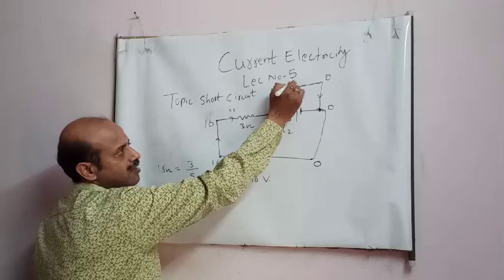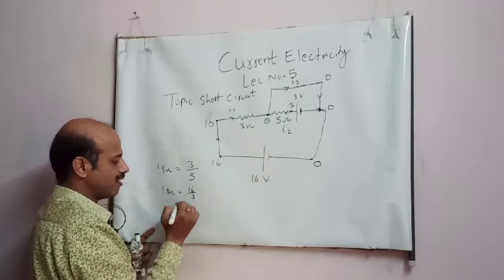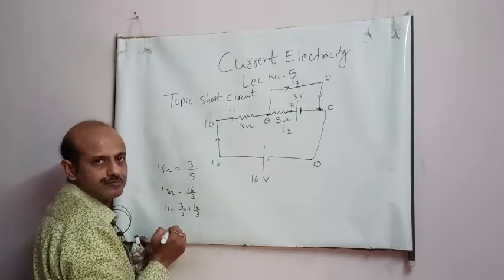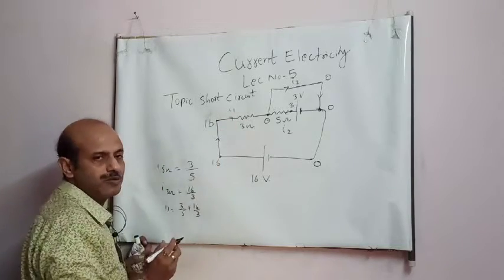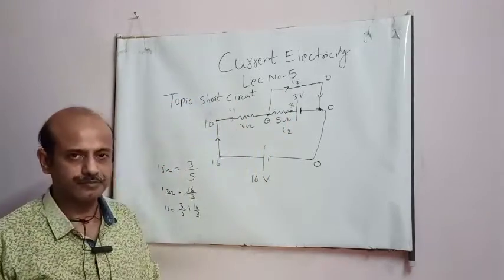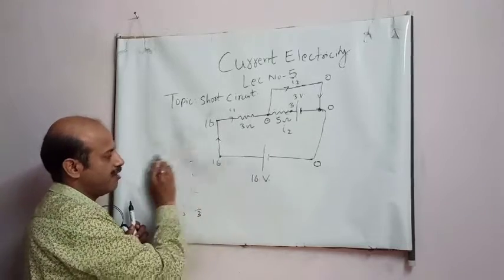Now how much is this current, student? See, this is I3. This current is the addition of these two. I have applied the junction rule, student. Now you see the current has changed through this. So this is one of the concepts about short circuit.